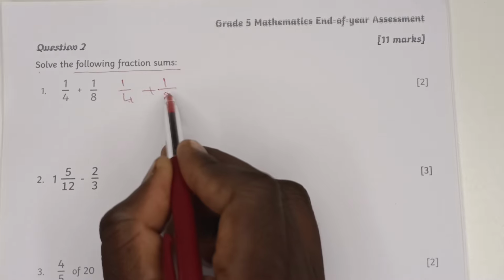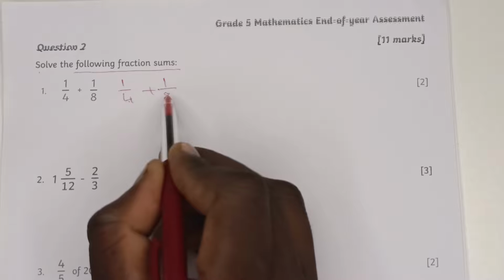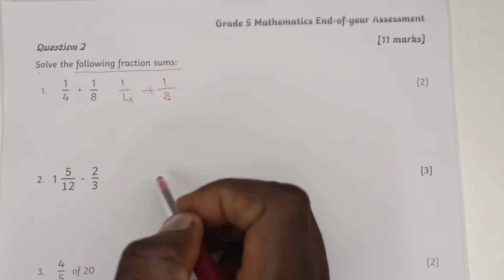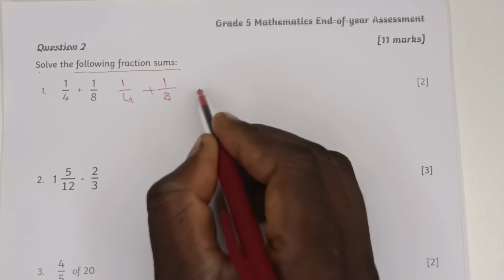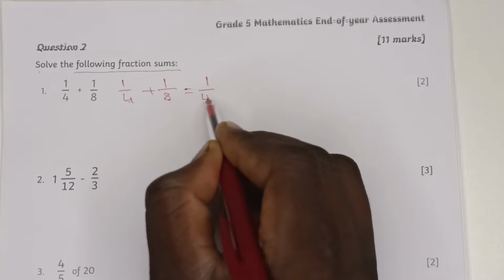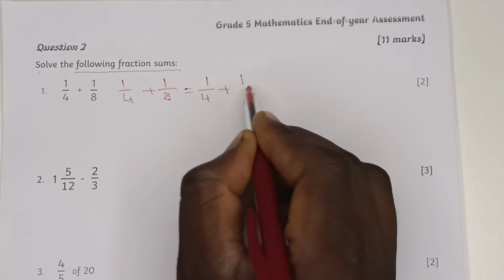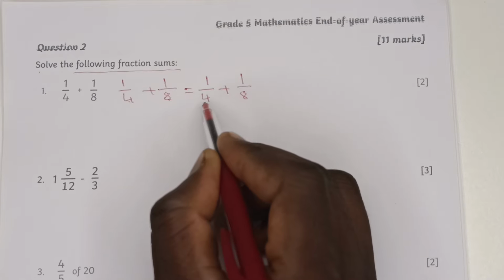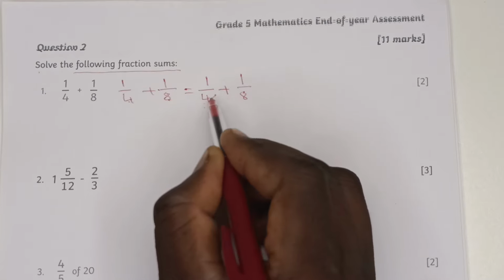And how can you have a common denominator on both of these fractions? Okay, let's see. 1 over 4 plus 1 over 8. So if I want to have 8 here, I can multiply.